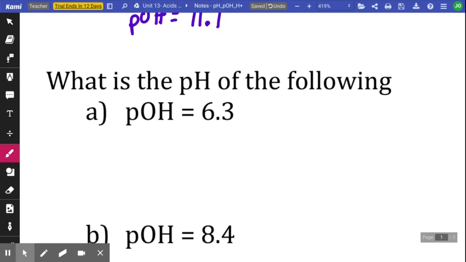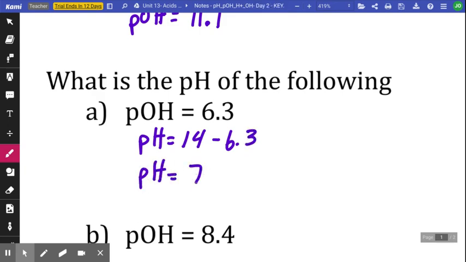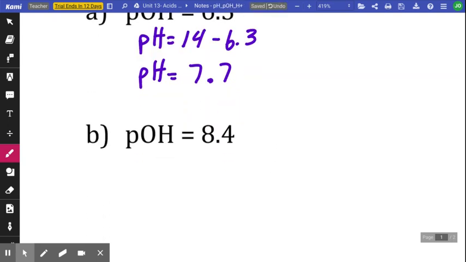Well, what if they're asking for pH? Same thing. If I'm looking for pH, it's going to equal 14 minus the pOH, 6.3. So my pH here would equal 7.7. Right here, pOH is 8.4.